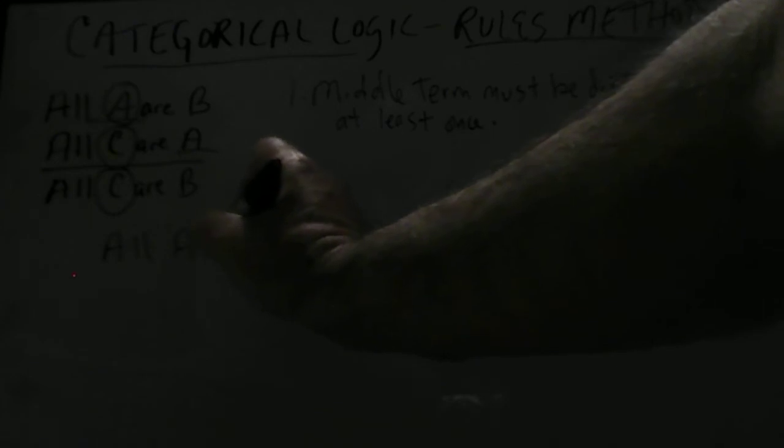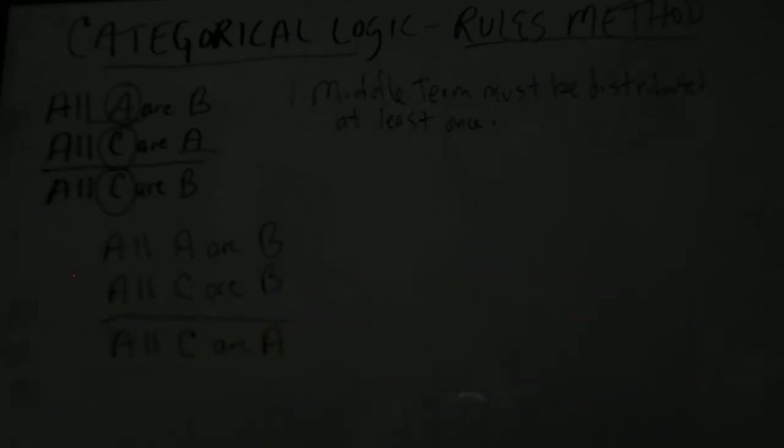So let's say we take this argument: all A are B, all C are B, therefore all C are A. Now if we go through and mark distribution, again these are all A statements, so we'd circle the subject term in each of those.